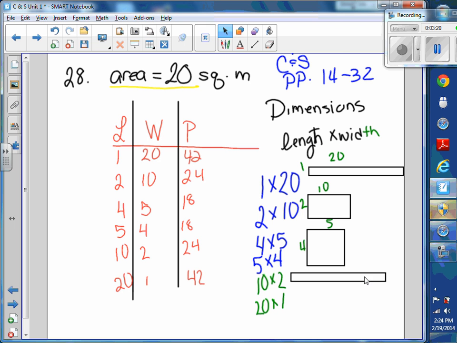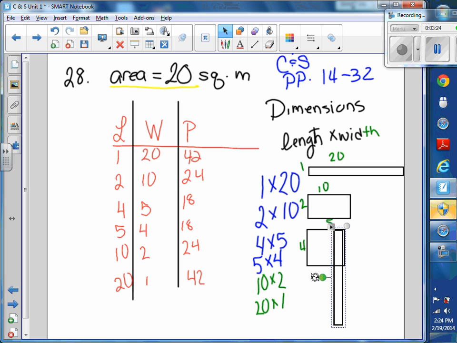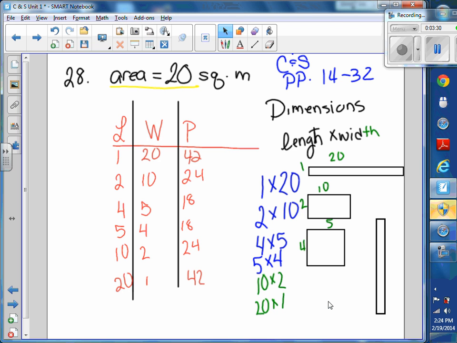The 20 by 1 is just like that. Do you see the difference? So they're rotations, okay?